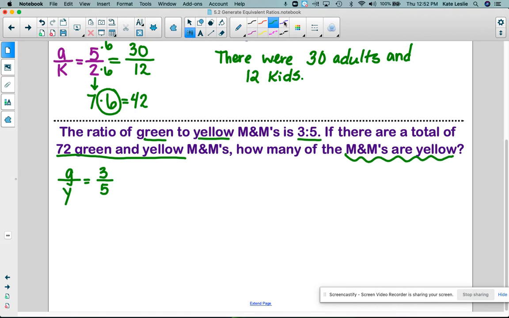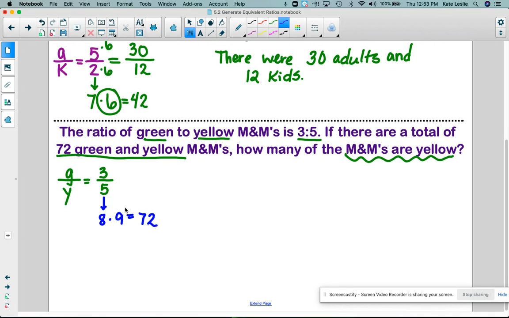Okay, so let's go ahead and look at this. It's not saying that there are 72 green, it's saying that there are 72 green and yellow combined. So first, let's figure out how many are combined here. So we know that if there are 3 green and 5 yellow, that's a total of 8 M&Ms. And we know 8 times 9 gives us 72.